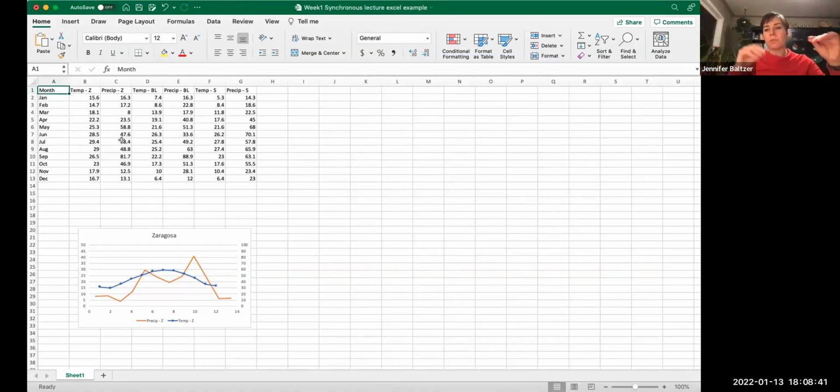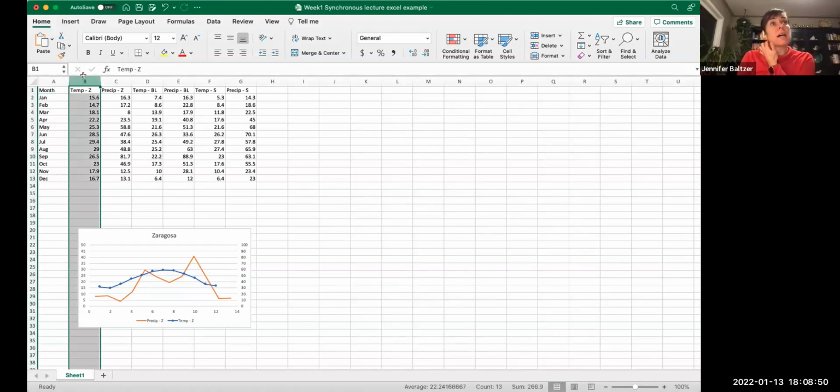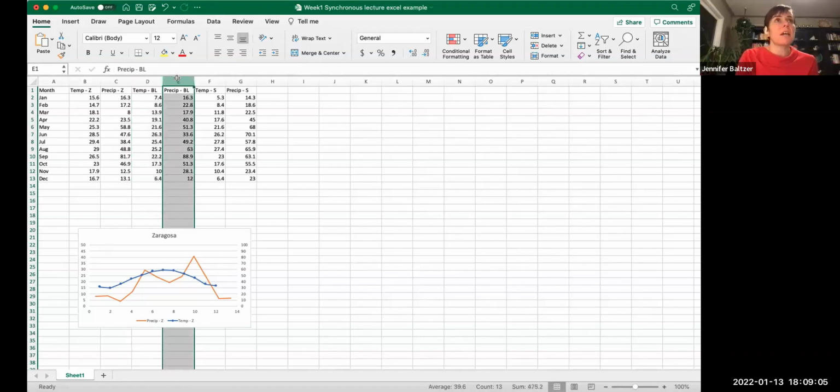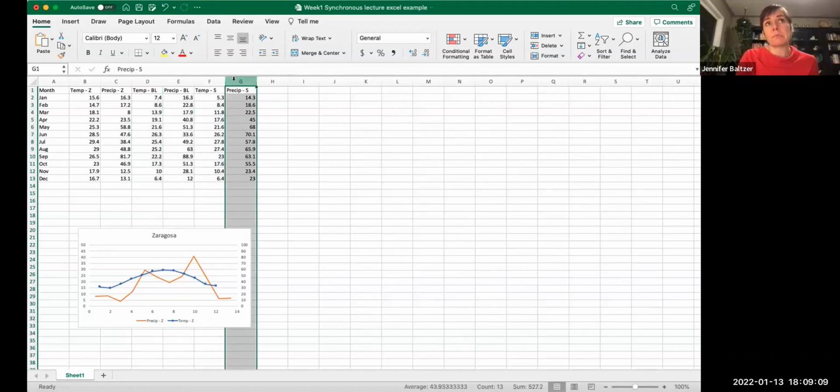That's not very useful for plotting, and so we've turned it on its head. We have month now in this A column, and we have temperature for Zaragoza and precipitation for Zaragoza here. These are just turned on their head from that set of data. And temperature for, I can't remember what BL stands for, Big Lake, and precipitation for Big Lake, and then temperature and precipitation for S. I can't remember what S stands for.